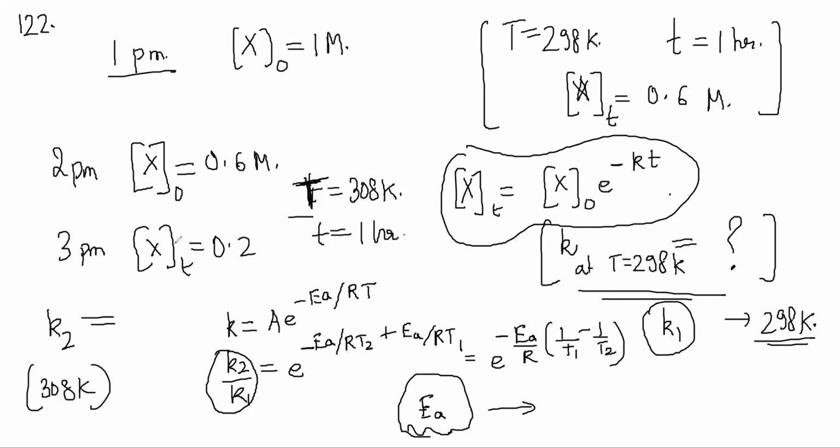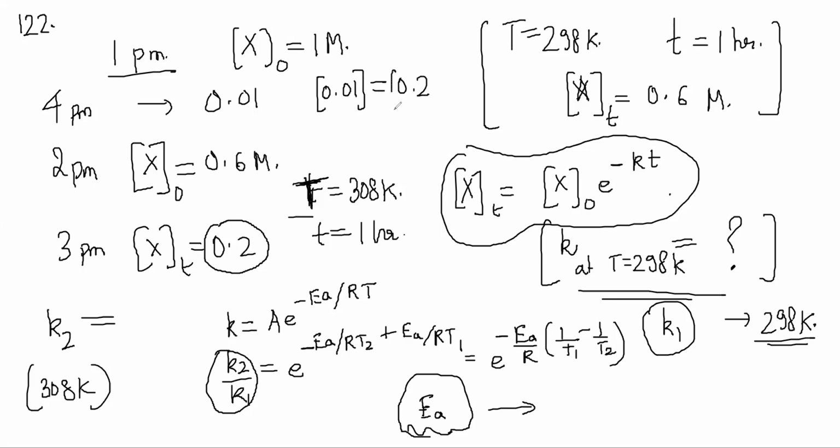Temperature. So you have, starting at 3 p.m., you have this much, right? At 4 p.m. you want to end up with 0.01, right? So at 4 p.m. the final concentration has to be 0.01, which is equal to 0.2 into e to the power minus k into t, with t being 1 hour, right? So this will give you the k required for this reaction to happen in this time, right?